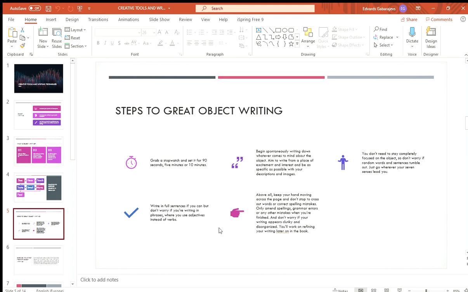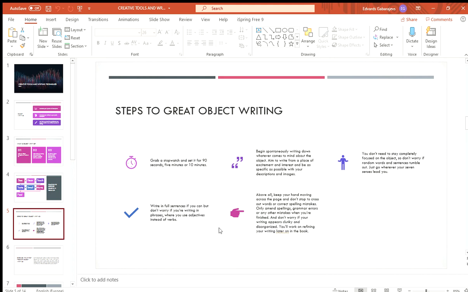Maybe think about it as if you were learning how to dance or something like that. You're learning a specific skill. The only way you can improve in that skill is through practice, through repetitively doing this task. So this is the same idea. Just write, and the object writing gives you a direction in which you can go.